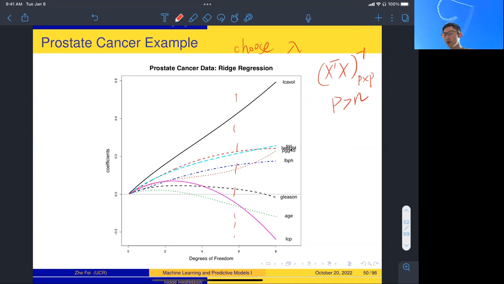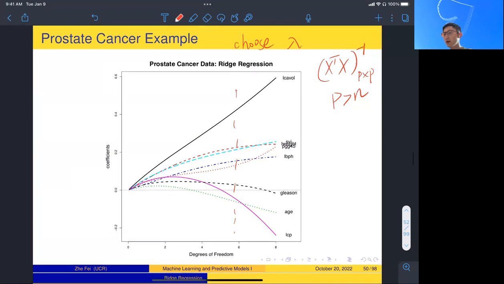But people do this, and it's essentially a different approach from the penalization. We call penalization shrinkage methods, right? And estimating this P by P matrix falls under the high dimensional inference topic that we will discuss later as well.